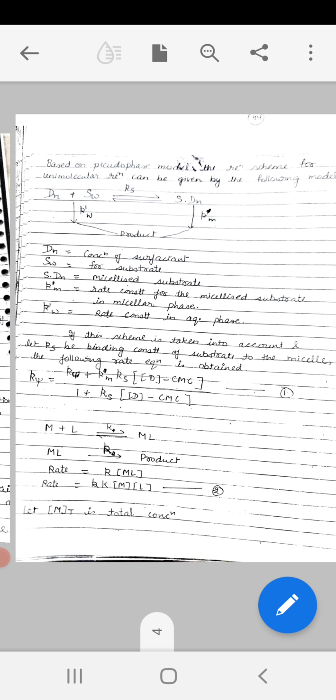Then M plus L with rate constant K1 gives ML. This ML with K2 gives product. Rate is equal to k into concentration of ML, where small k is the rate constant, so rate is equal to k times ML. This is equation 2. Let Mt be the total concentration.